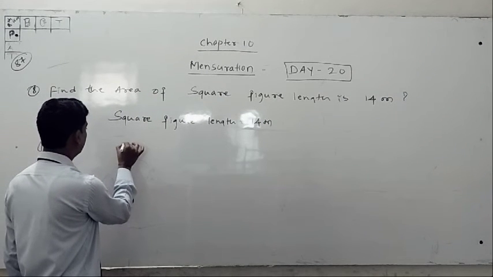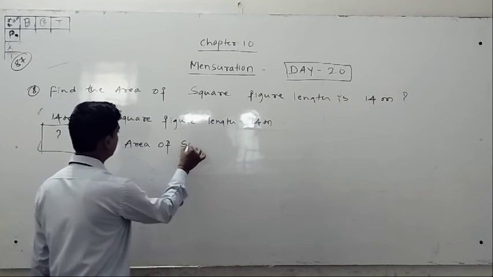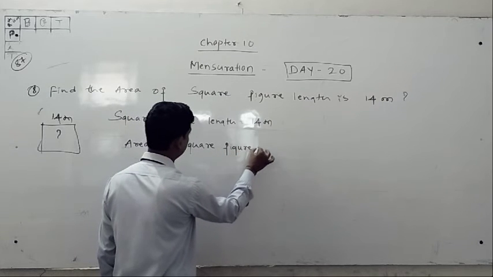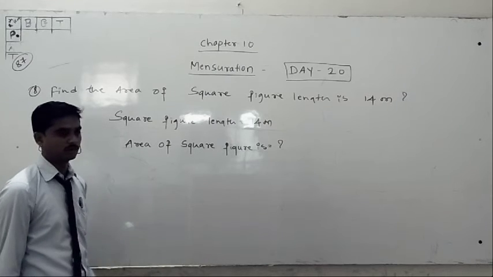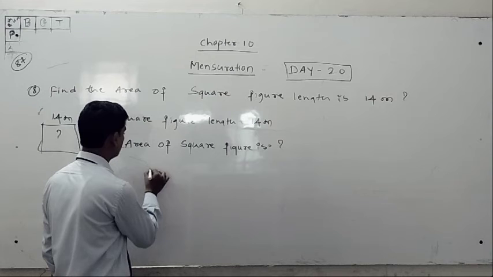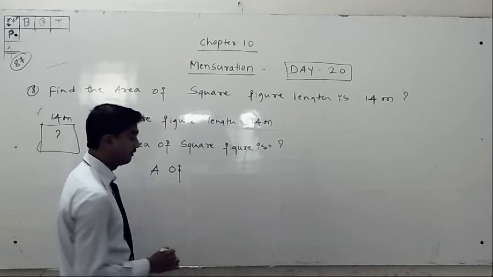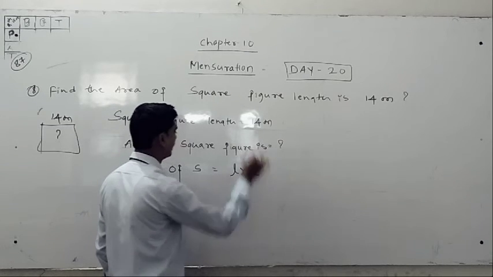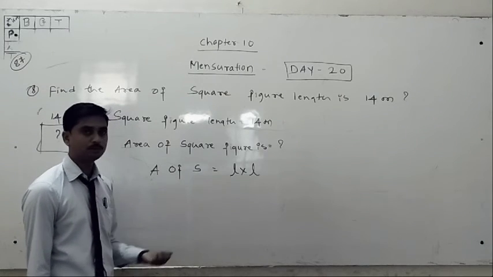Then area of square figure is question mark. We don't know, so question mark. Then A of S is equal to length into length, because this is the formula of area of square.